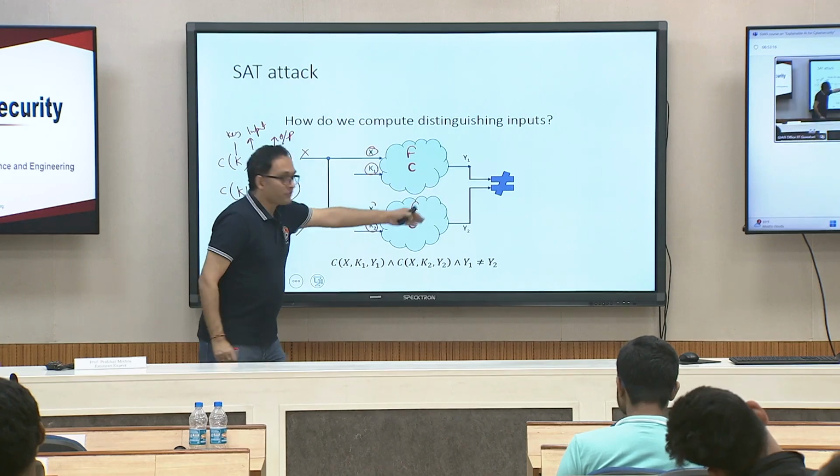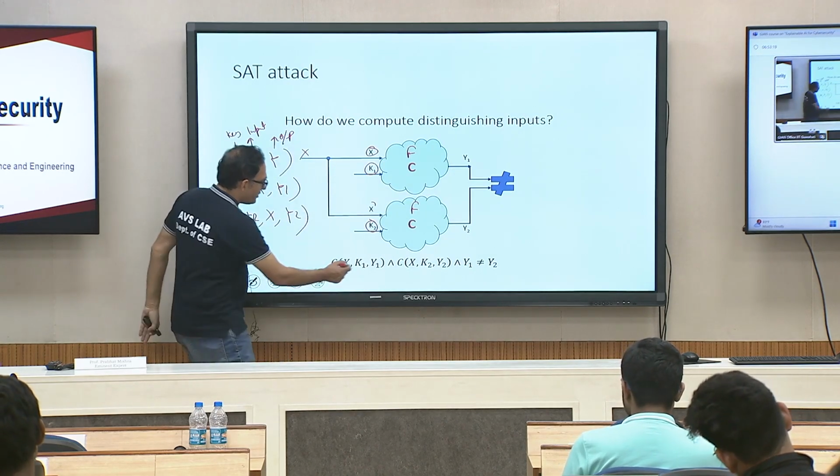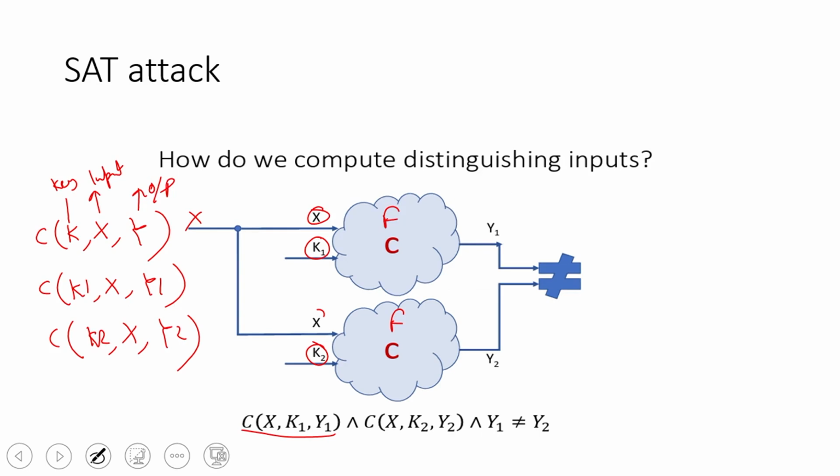So, this is my formula now, right. I will check that this is one formula, this is another formula, and your outputs Y1 and Y2 are not the same. So, this is my actual Boolean formula now. If I give this to a SAT solver and ask it to generate an input for which this formula is satisfiable, what will it do? It will give you some value of X, some values of K1 and K2, and it will tell that for this input and for this K1 and K2, your output is not the same, and that is your DIP, right.